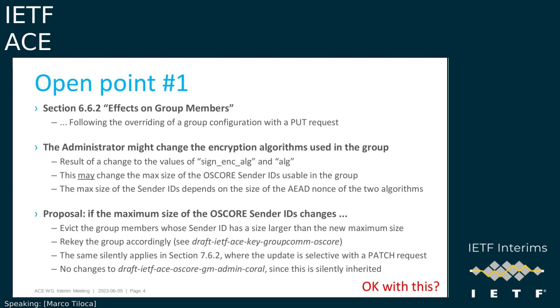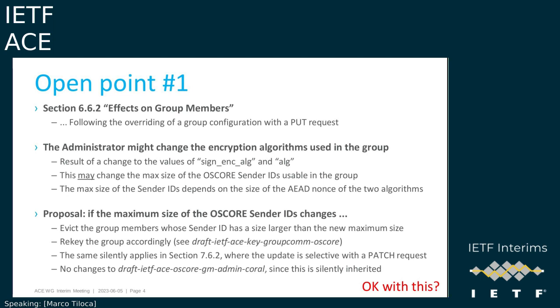So on the first open point, this was around all along actually, but we've just noticed it considering work happening in the core working group. The administrator is in general able to change the current configuration of a group at runtime. And it may sound a bit reckless, but the administrator may in principle change the encryption algorithms used in the group.